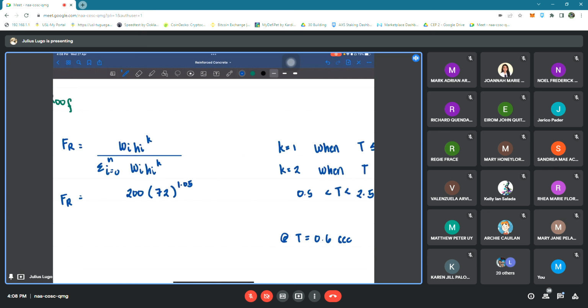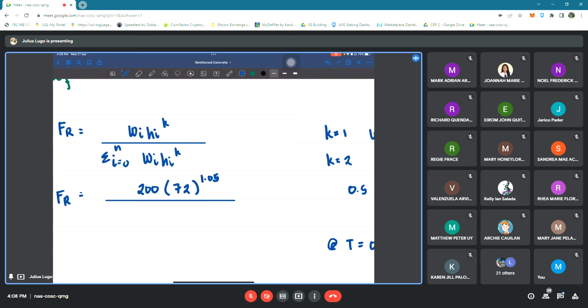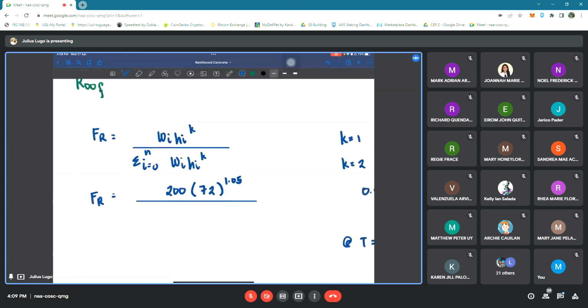So we have 1.05 all over the summation of W_i h_i. So how do we do the summation? We just add, guys, the cumulative weight of each floor. So we start at the very bottom.